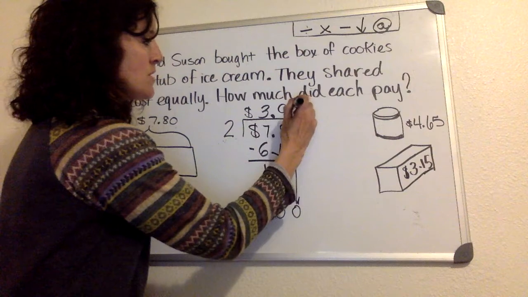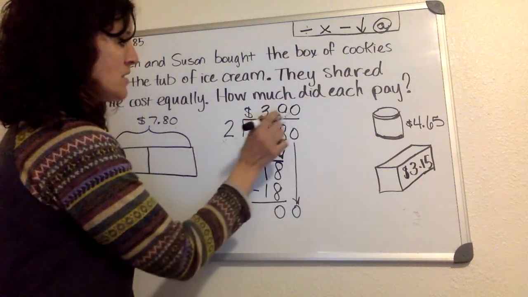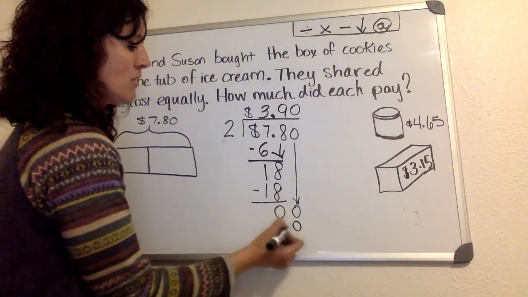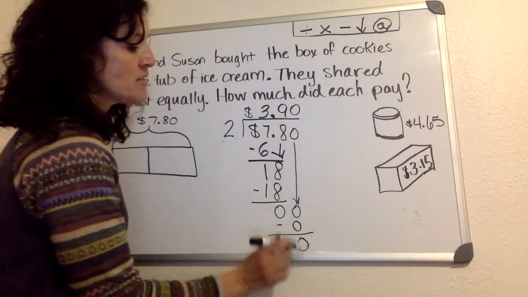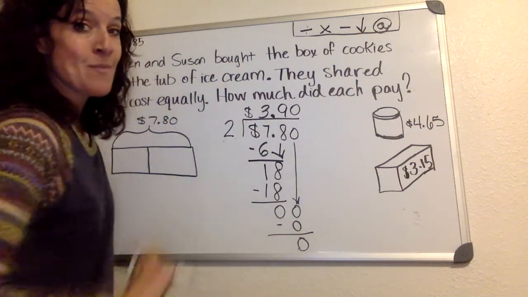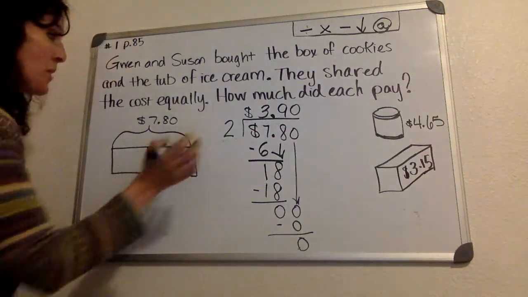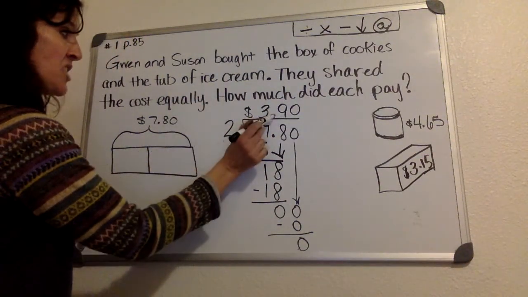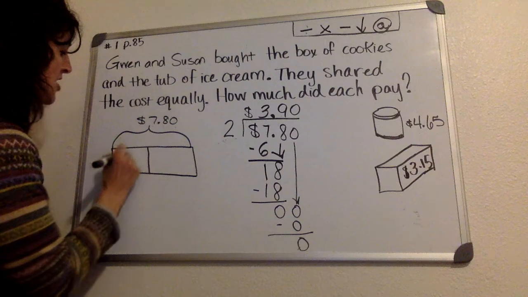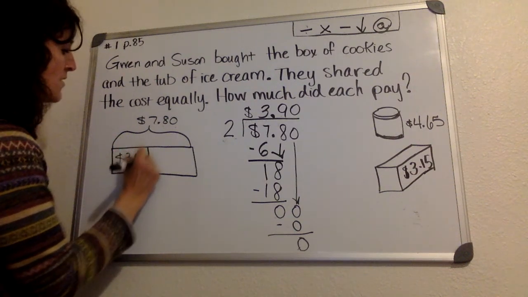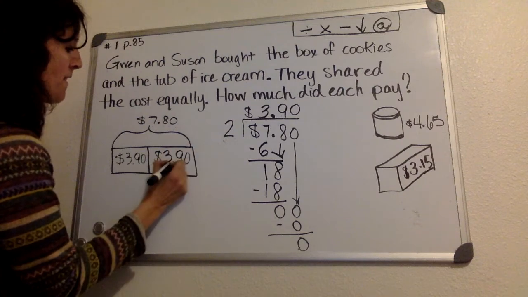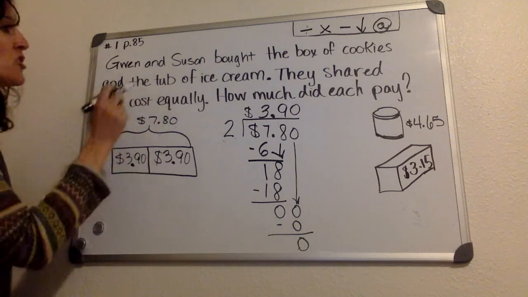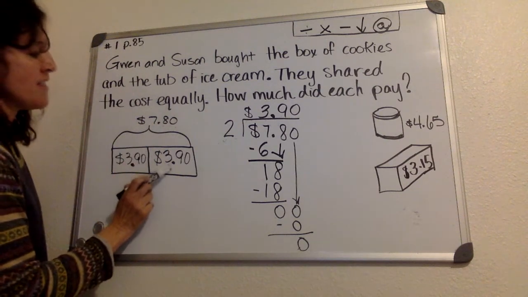How many times? 0 times. 0 times 2 is 0. I'm left with a 0. I have nothing else to bring down, so that means I'm done with my problem. I know that what I just figured out is that each of these boxes has $3.90 in it. That means that each girl will pay this amount.